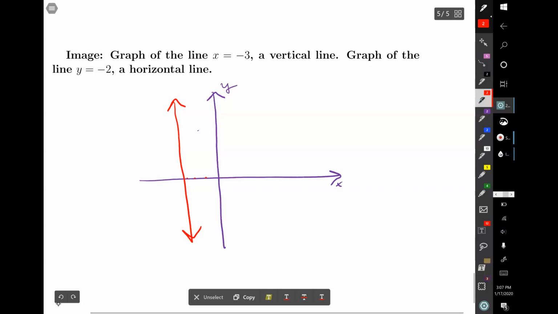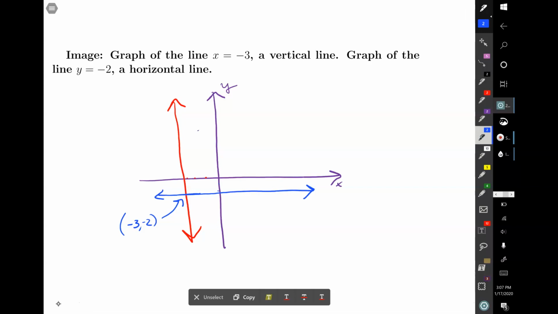And then I would have y equals -2, 2 units down, in a horizontal line. And so they intersect at -3, -2. If they were written as a system of equations, that would be your answer.